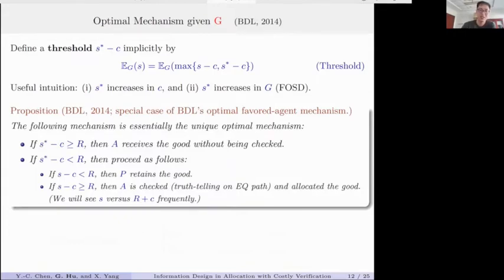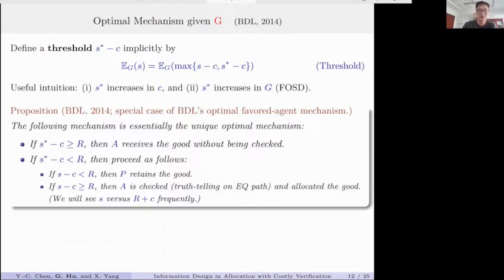If S star minus C, the threshold, is greater than R, which means either checking is very costly or the agent's distribution is quite good in the first order sense, the agent receives the good without being checked. In the other case, if S star minus C is smaller than R, then the agent's distribution is not so good or the checking cost is not so high, and it's possible that the good is allocated after checking the agent.